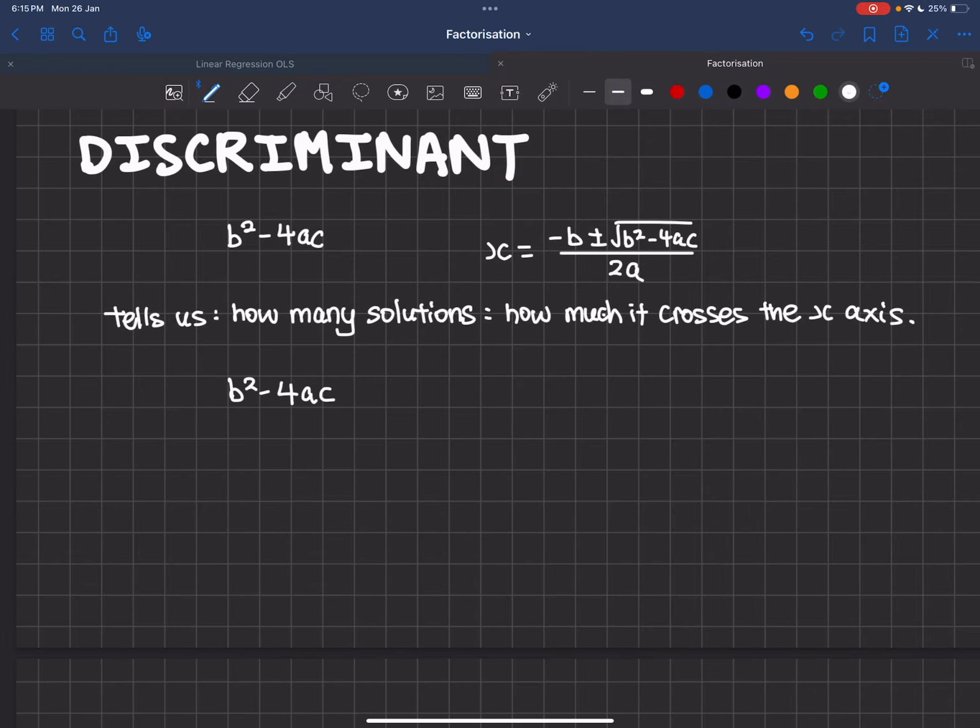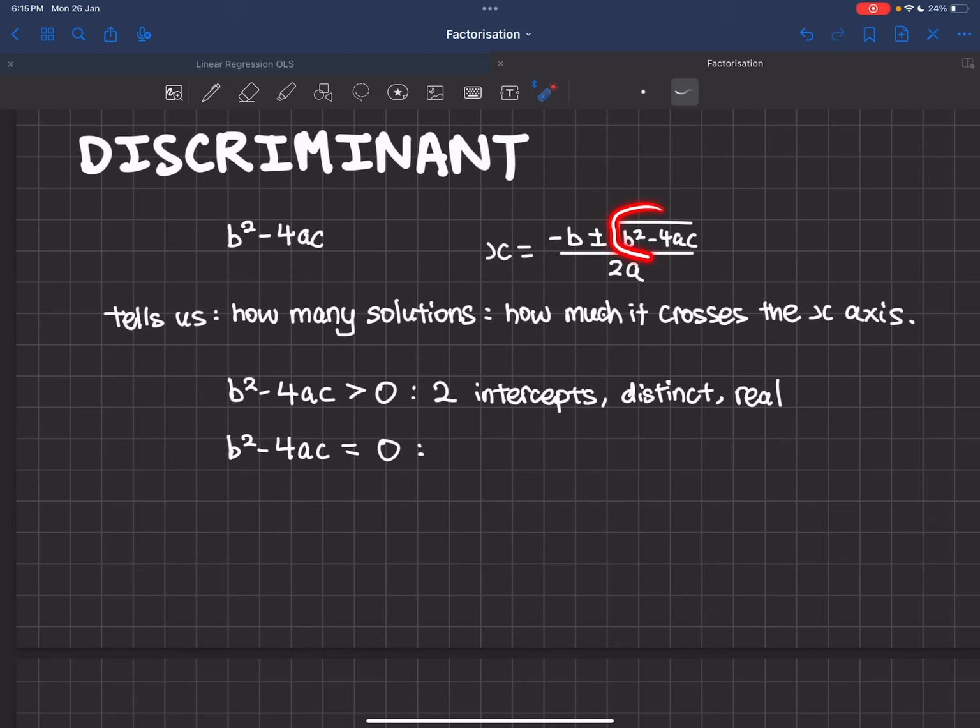When b squared minus 4ac is greater than 0, it says there are two intercepts. Distinct, real. Okay, when b squared minus 4ac is 0, we look here. Can you square root 0? Yes, you can. So 0 will give you one intercept. Is it distinct?